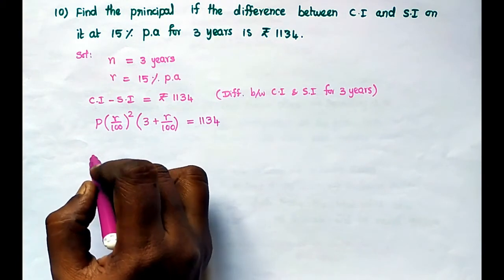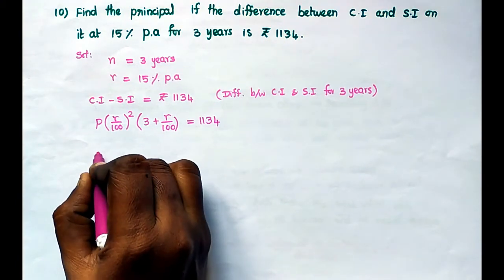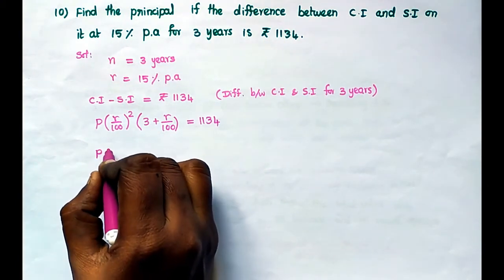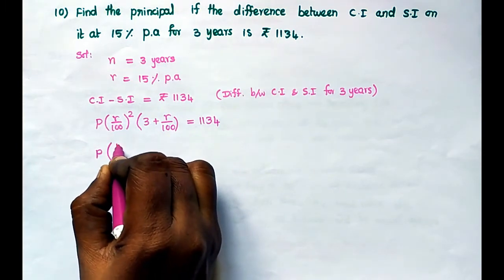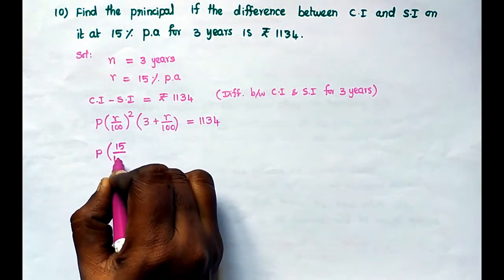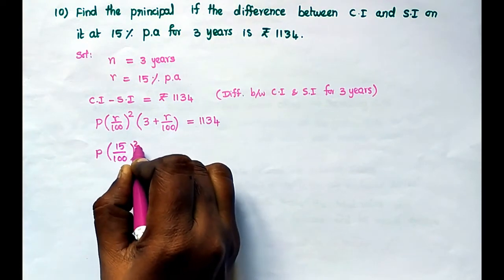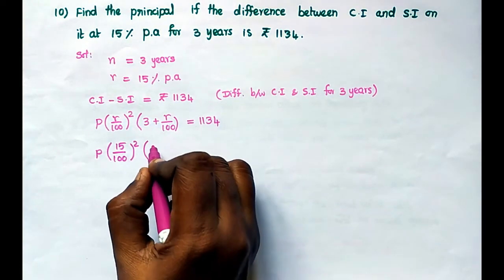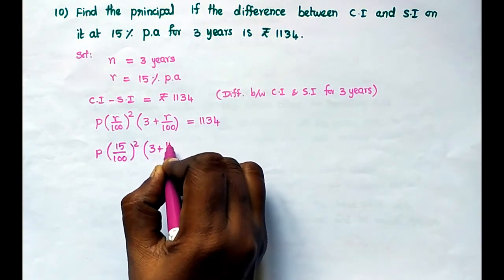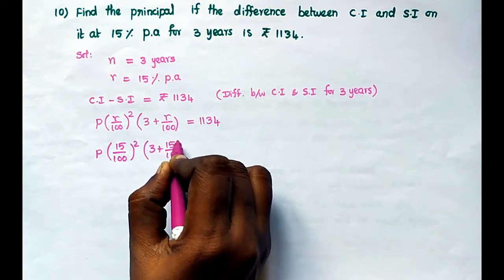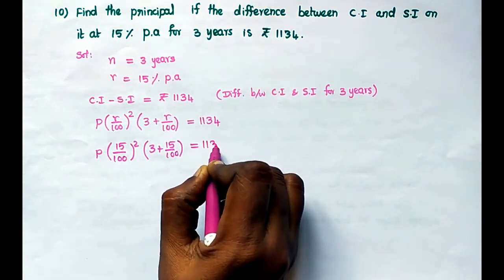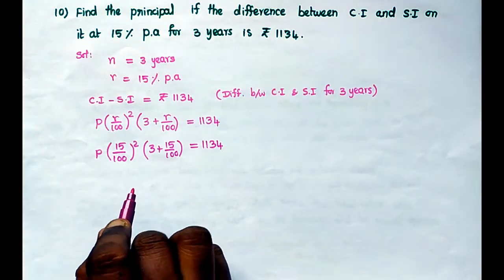Now substitute the values, we don't know P. Now R is 15%, so 15 by 100 power 2 into 3 plus 15 by 100 equal to 1134.